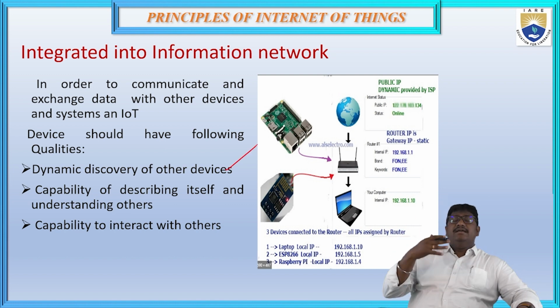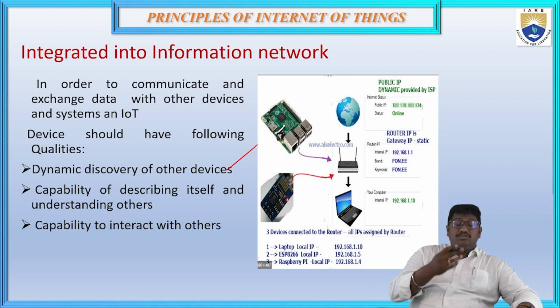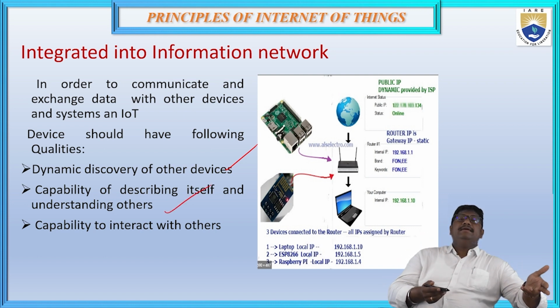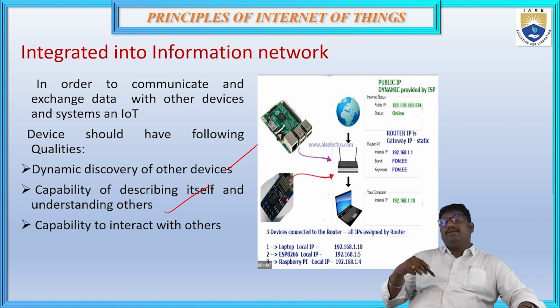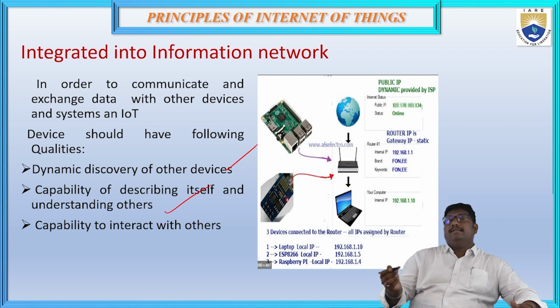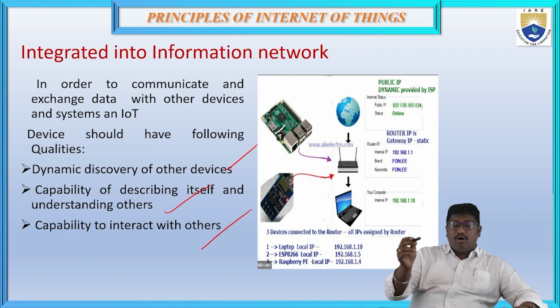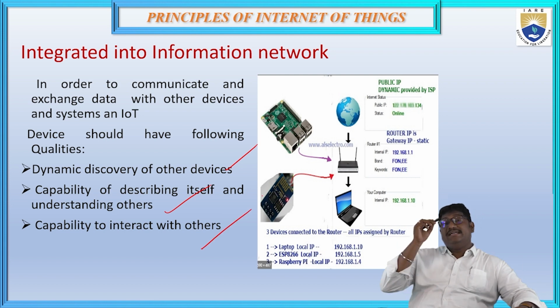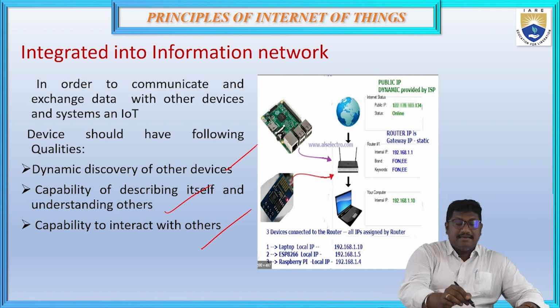Dynamic discovery means it has to detect the devices which are nearby, and it should have the capability of describing itself and understanding others, and it should be capable of interacting with one another. These are the three basic qualities a device should have in the integrated information network.